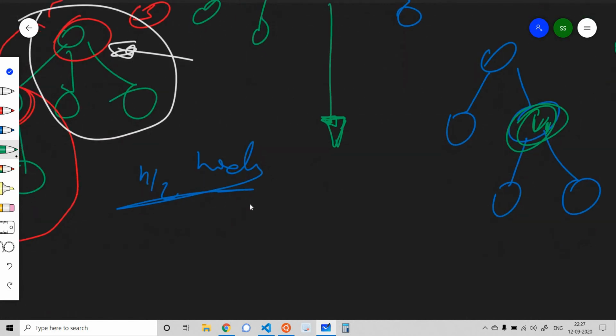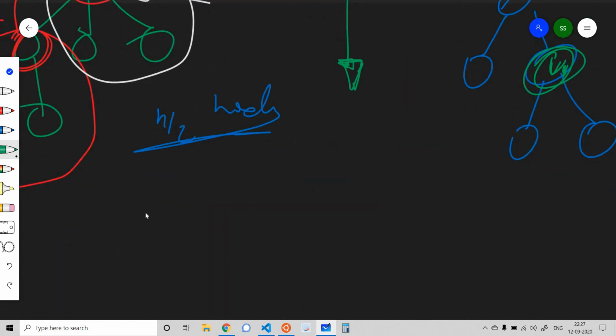The intuition might be wrong, but the statement is correct, as I have seen three or four blogs on the internet. They have also mentioned that we can have at most two centroids, and if we are having two centroids, then there must be an edge between them.